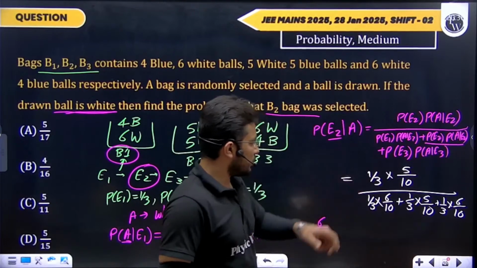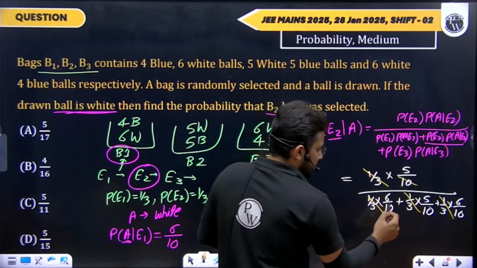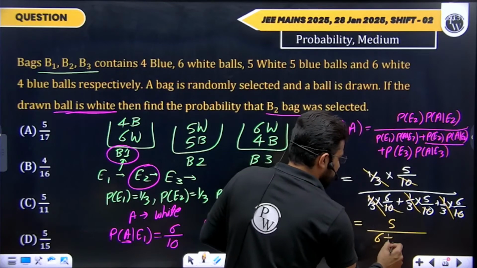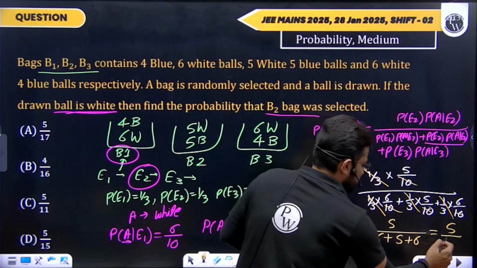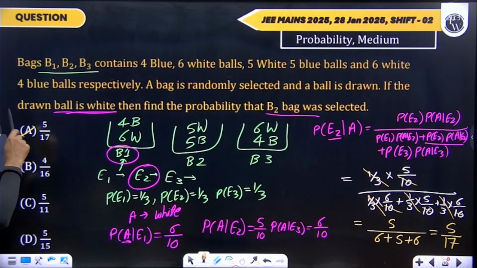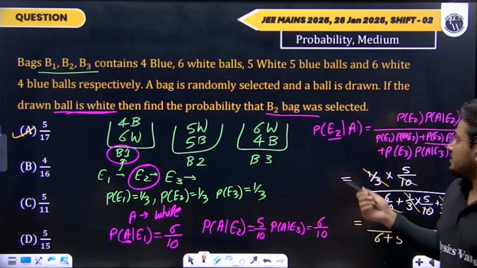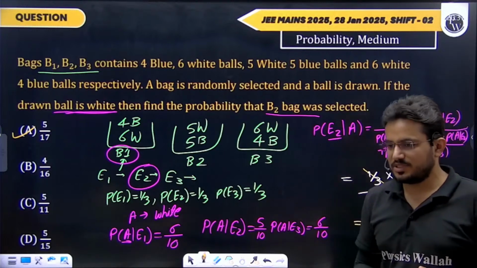Here we cancel the common terms like 1 by 3 and 10, then we will get 5 upon 6 plus 5 plus 6. So the answer will be 5 by 17. So the correct option will be 5 by 17, option A. This question was also medium level, or on the easier side.